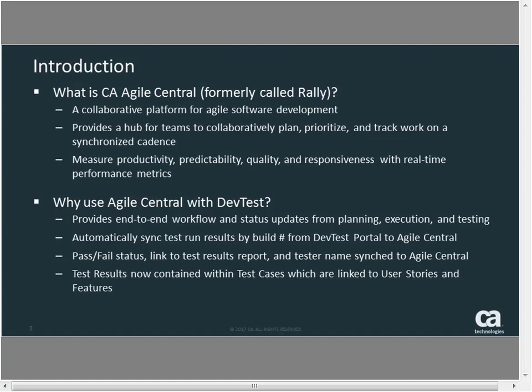So first question, of course, what is DevTest? What is Agile Central? The idea is that as companies become more DevOps and Agile-oriented in release planning, it's important to have an end-to-end workflow from design and development and testing and back again as a cycle.